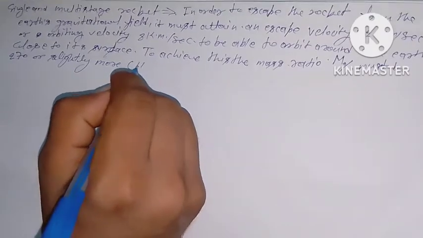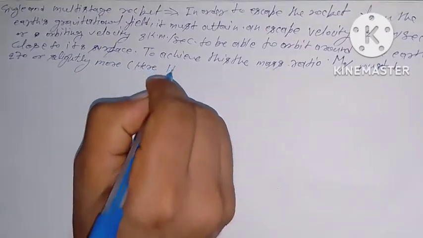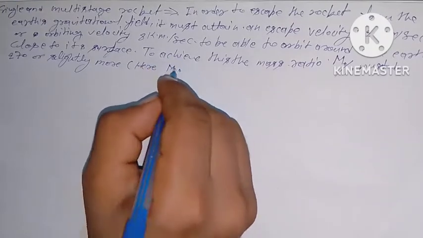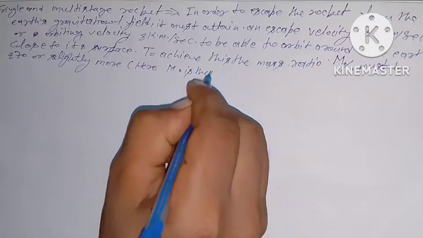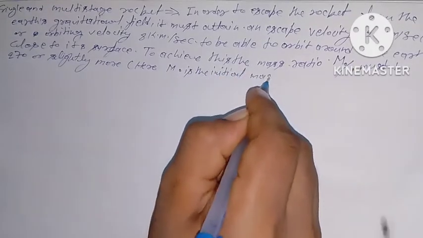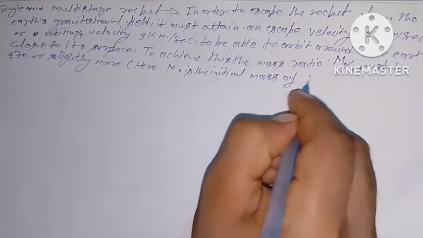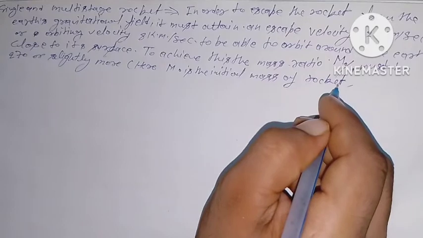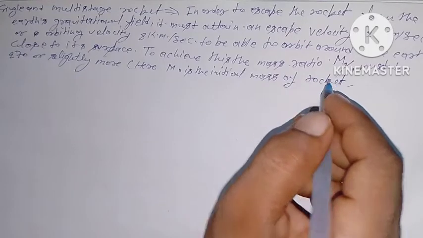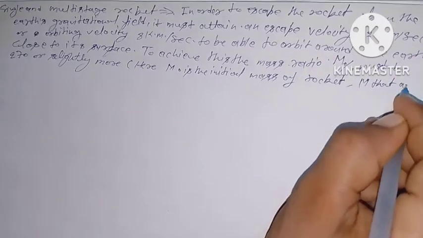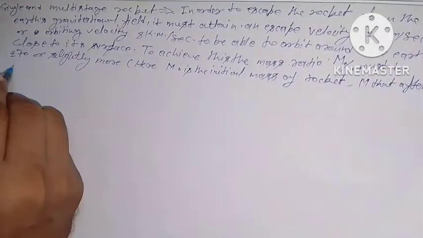Hence here M naught is the initial mass of the rocket and capital M is the mass after time t.